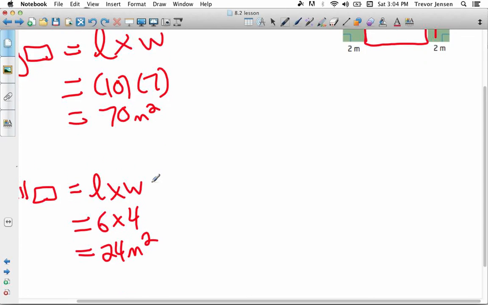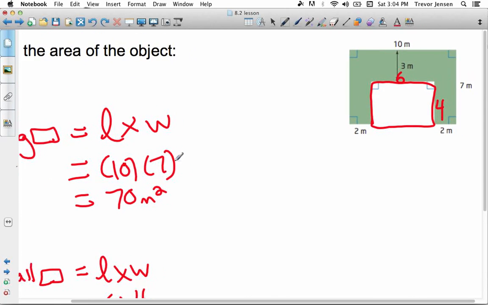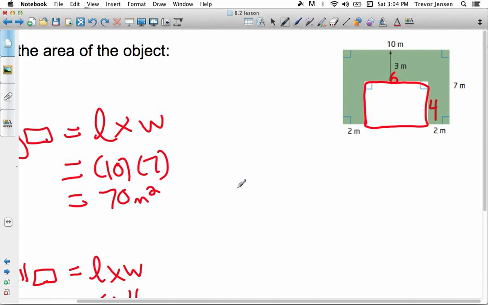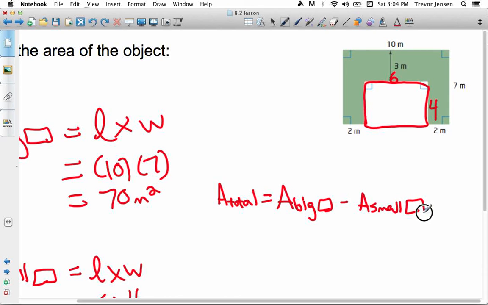If I want to find the area of the object that's drawn, the total area, so area total equals area of the big rectangle that I constructed, then I must subtract the area of the small rectangle that has been cut out from the rectangle I constructed.